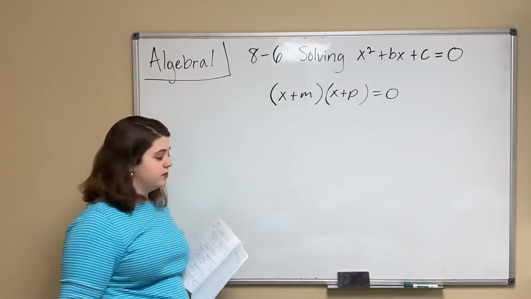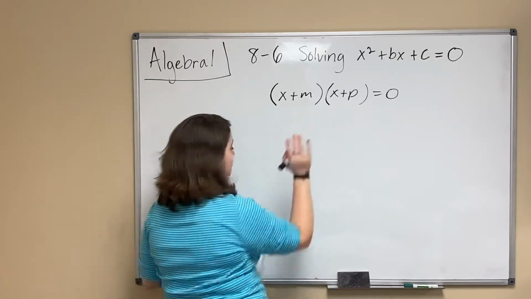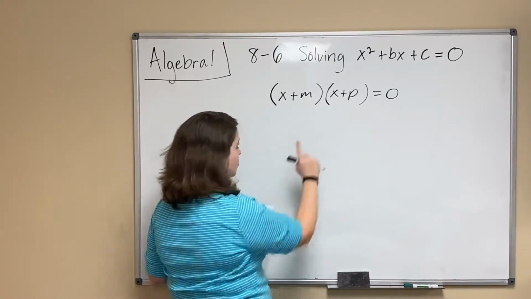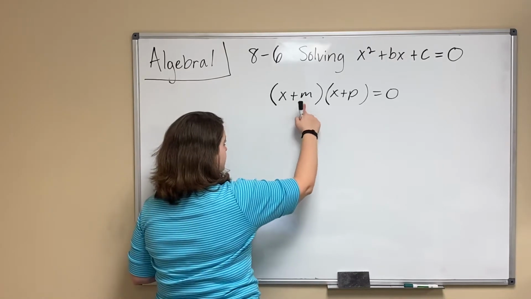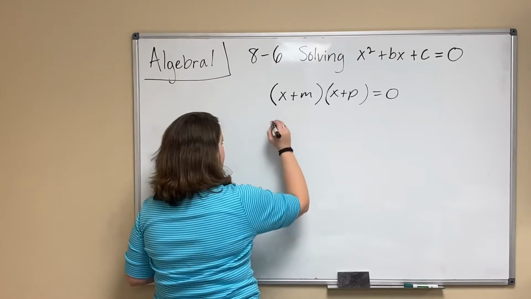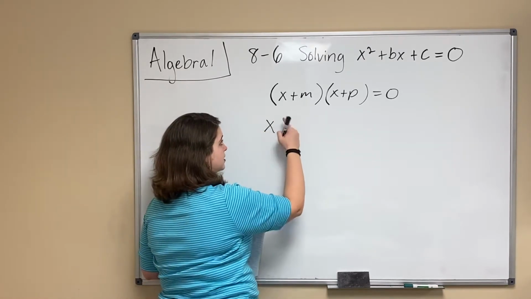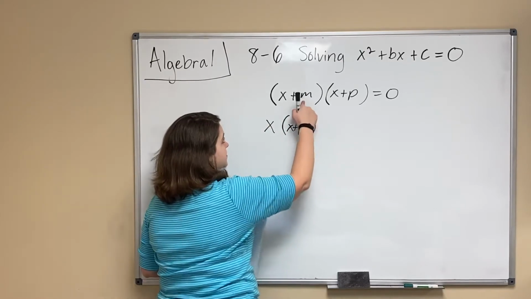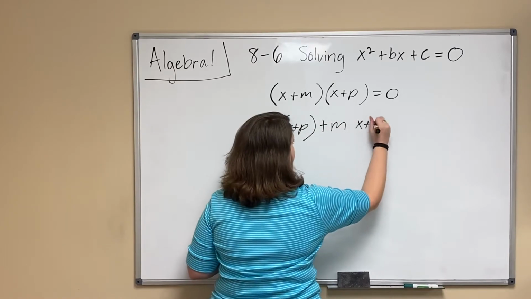If you remember, way back whenever we were multiplying polynomials and they looked like this, what I had you do was multiply everything in this parentheses by everything in this parentheses using the distributive property. So the first way to do that is by splitting it up and having x times x plus p, plus m times x plus p.